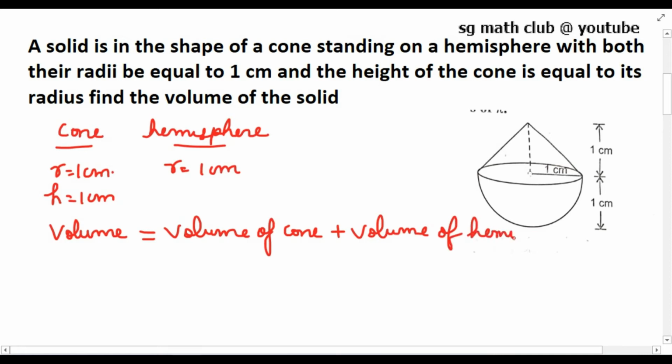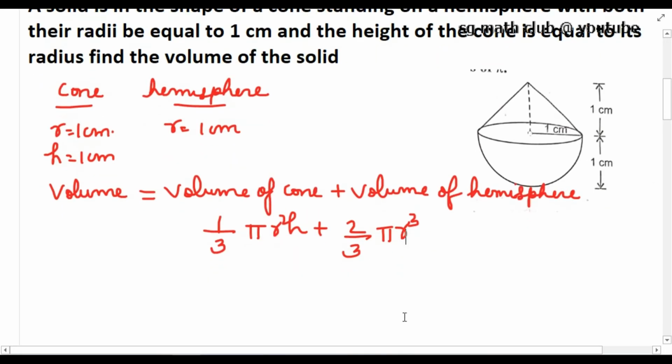We know that the volume of the cone is 1 by 3 pi r squared h, and the volume of the hemisphere is 2 by 3 pi r cube. Now we can find the volume in terms of pi, which is equal to 1 by 3 pi, where r is 1 and h is also 1.